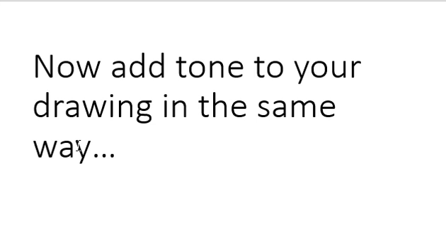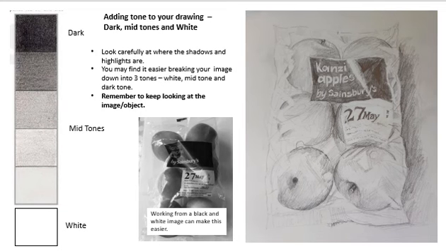So in terms of adding tone to your drawing, we'd like you to look really carefully at your photograph and where the shadows and highlights are. It's much easier if you work from a black and white photograph, and then you can see, for example, this area here is really dark, whereas where the highlights fall on the packaging, that's just white.